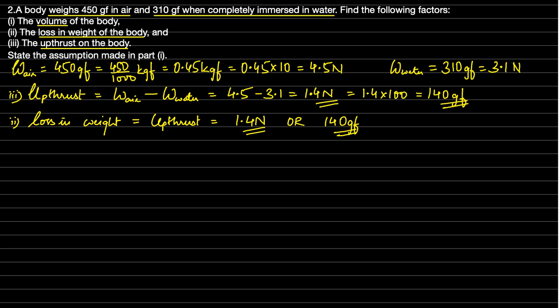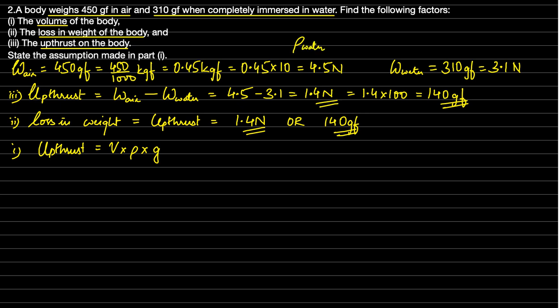So here I would use for the first one, upthrust is equal to V into rho, that is density of water, into acceleration due to gravity. It's better we remember the density of water.